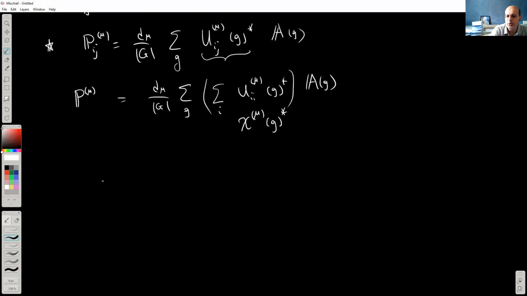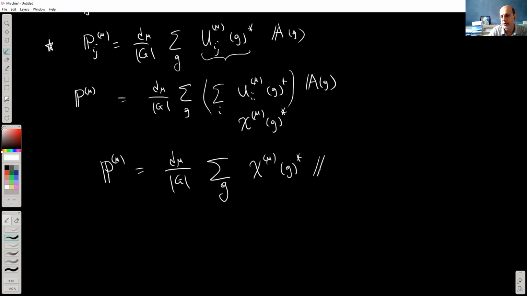So if you know the characters, then you can define these operators. That's the important point. As a result, I'm going to box this. So d_mu over g is in front. I need to sum over the group elements, not the conjugacy classes, right? Even though all group elements in the same conjugacy class have the same character, I know that the representation matrices are different.